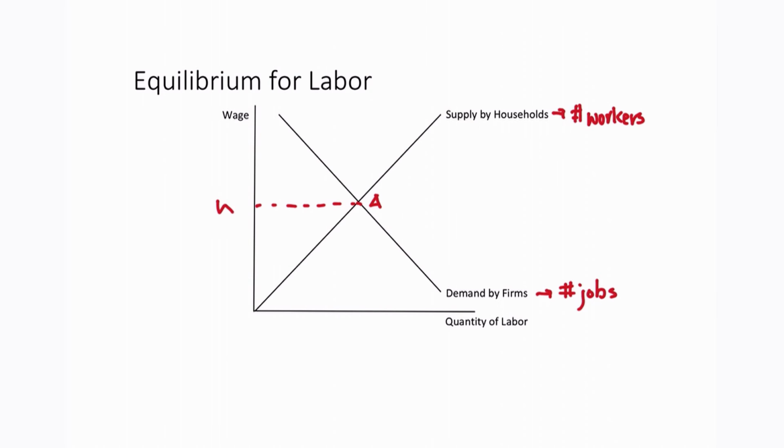So that we have the equilibrium wage, we'll call this WE, and the equilibrium quantity of labor, so that the number of workers is exactly equal to the number of jobs available. So the demand for labor is equal to the supply of labor.